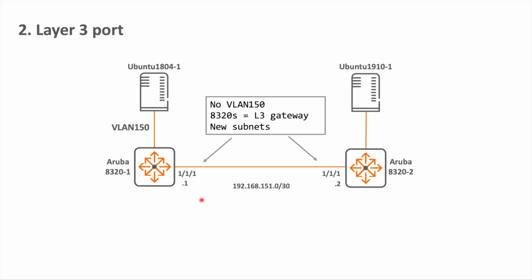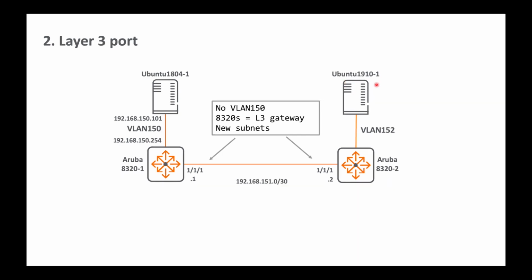For example, and this is just one of many different approaches that you could take, I've opted to leave VLAN 150 here for this segment, and then added a new VLAN of 151 between the CX devices and renumbered them, and then added in a new VLAN here for 152 between this CX box and the Ubuntu 19.10 client here.